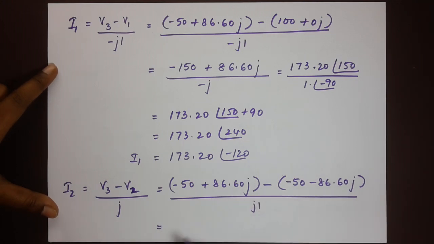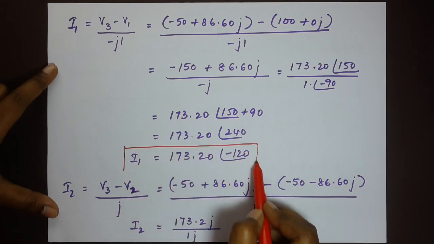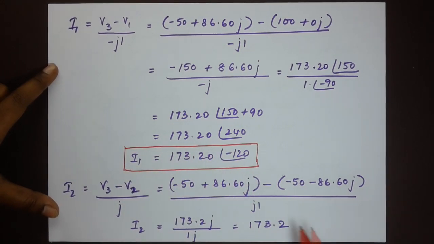Now let's solve this. 50 cancels out and that leaves us with 173.2 J divided by 1 J. Now we can cancel out the J's and that will leave us with 173.2. So here we have our value of I1 as 173.20 angle minus 120 and I2 is 173.2.